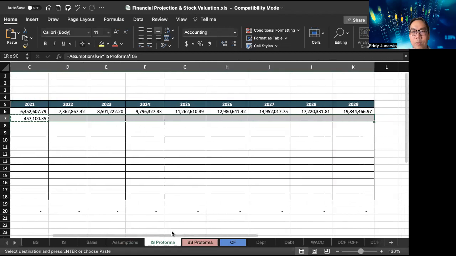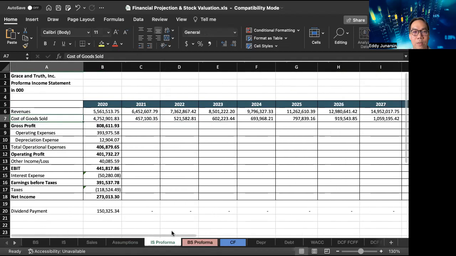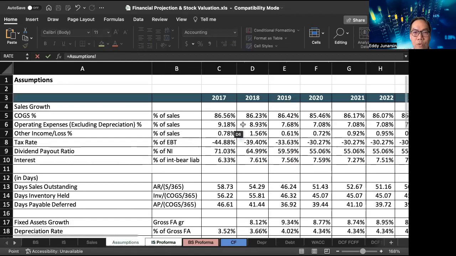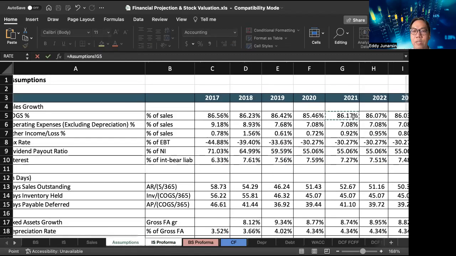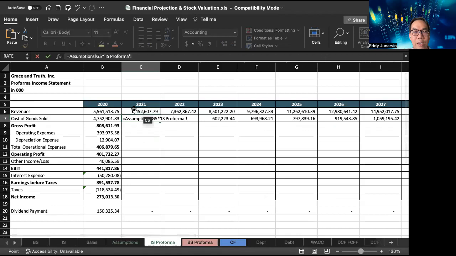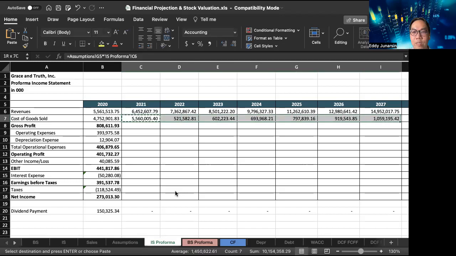Oh, sorry, this might be wrong. I think it's the wrong line. Let me repeat. Cost of goods sold should be 86.17. 86.17 times the sales estimate in 2021. Yeah, it should look like this.